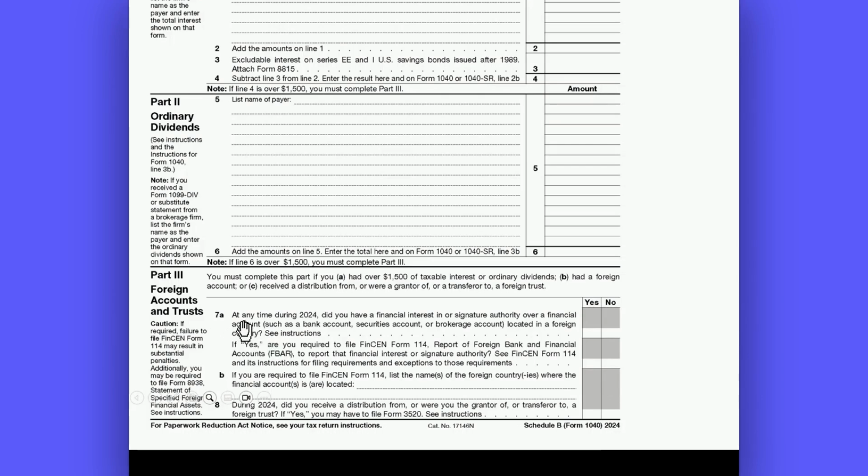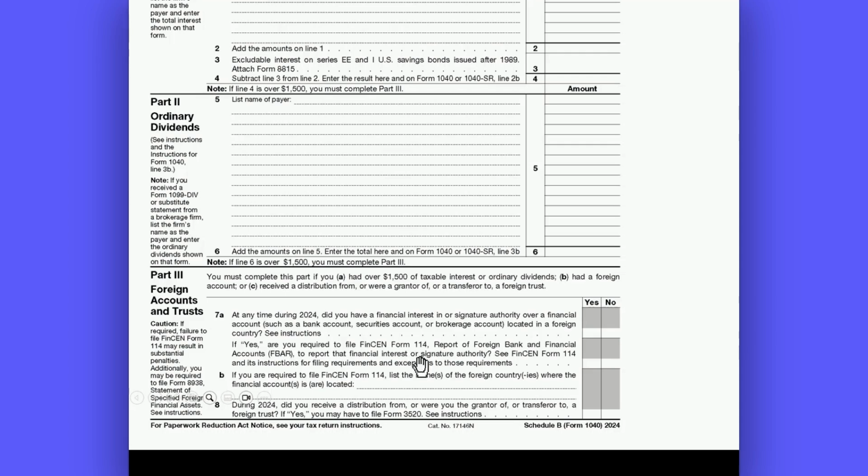So it asks, at any time during 2024, did you have a financial interest in or signature authority over a financial account located in a foreign country? And then you have to say, yes, I did. Then it says, if yes, are you required to file FinCEN Form 114? That's the FBAR.